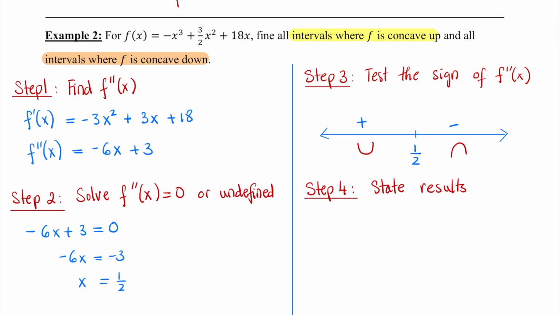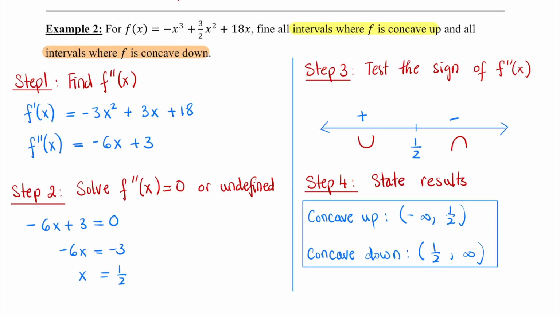And the interval where the function is concave down is from 1/2 to infinity. Since the question only asks for intervals where the function is concave up or concave down, we're done here.